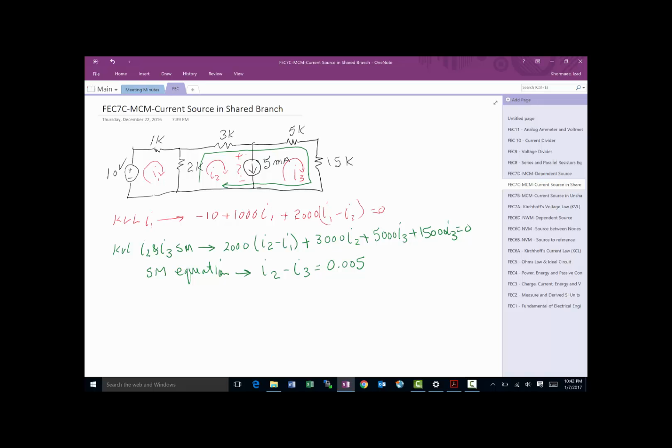Now that's very good, because we have equation one, equation two, and equation three, and we have three unknowns, I1, I2, and I3. Just simplify it, solve it, and you're done.